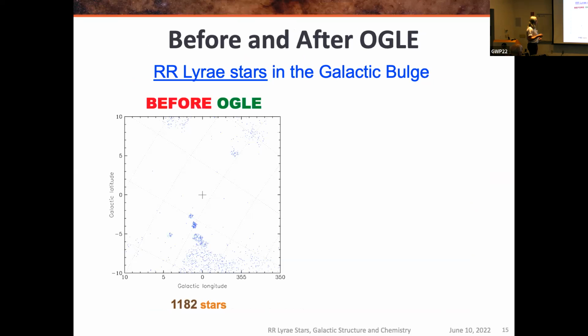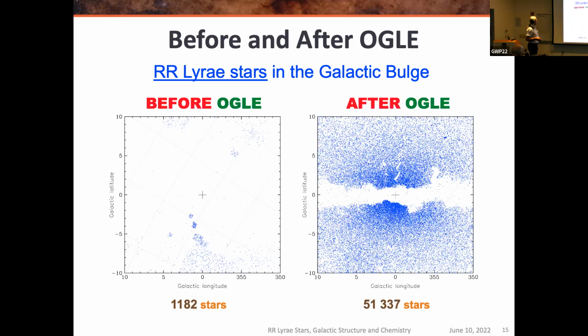Here, this is the same region in the center of the galaxy, and these points show the positions of RR Lyrae stars known before Ogle started, about 30 years ago. More than 1,000 RR Lyrae stars, very heterogeneously distributed in this area, were known.